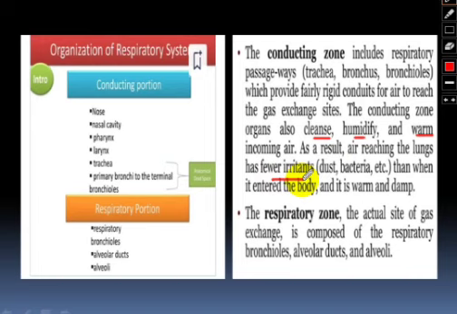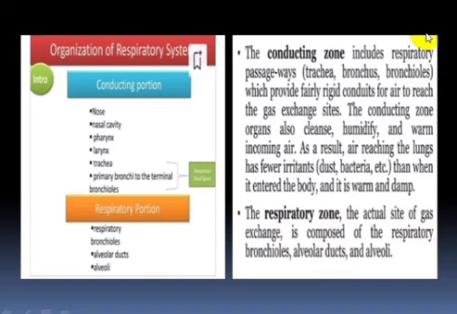So what it does is to actually cleanse or filter the air, making it somewhat free from irritants such as dust, bacteria, and other things that can cause respiratory distress.